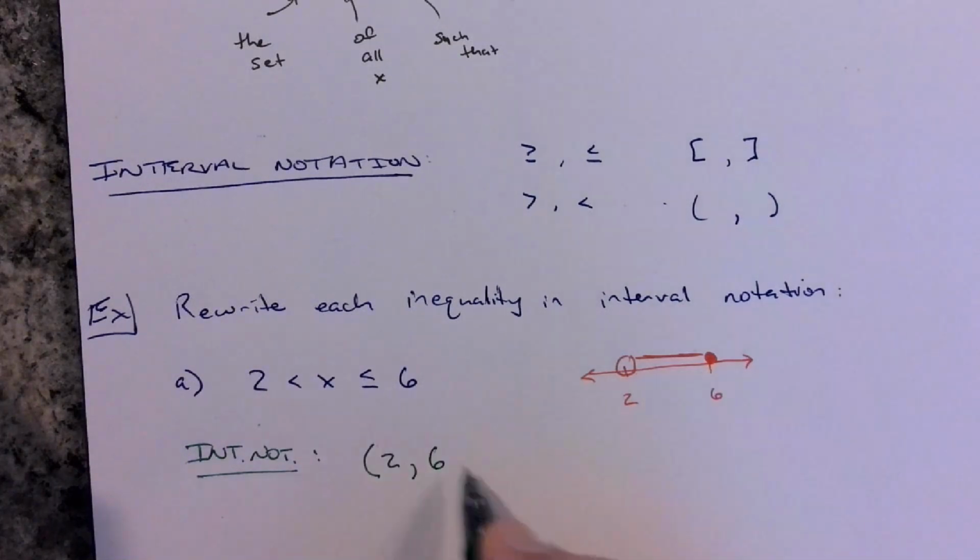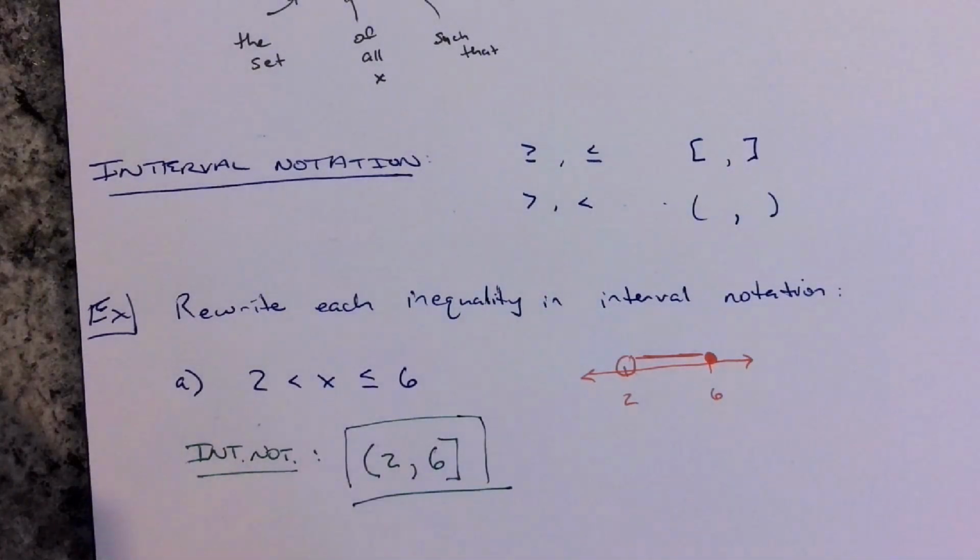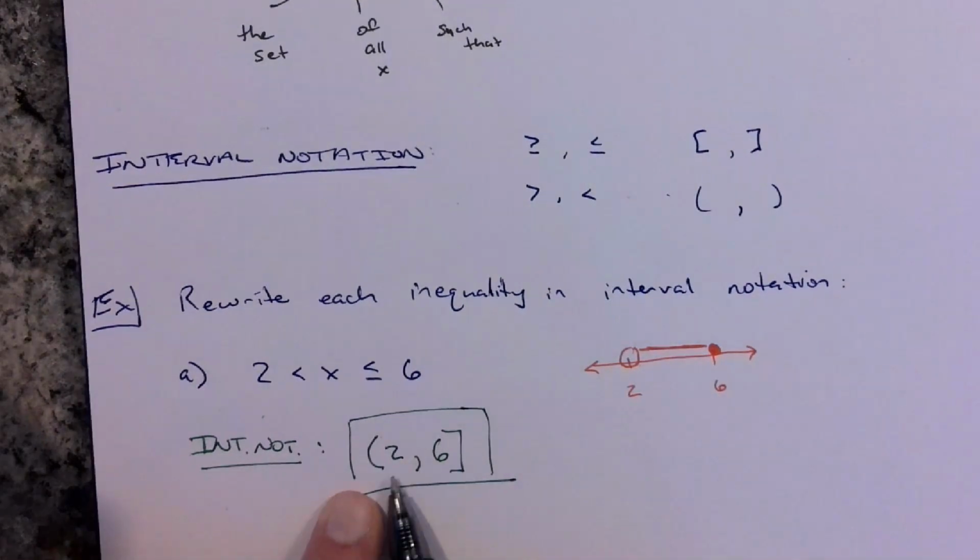Yes, it's a closed circle, because they had an equal sign. So it's a bracket on that side. So the interval notation here would be parenthesis 2 to 6 with a bracket, meaning you include everything after 2, but not including 2, up until 6, including 6. Make sure that when you're doing this, you always have it in order from left to right, lowest to highest.